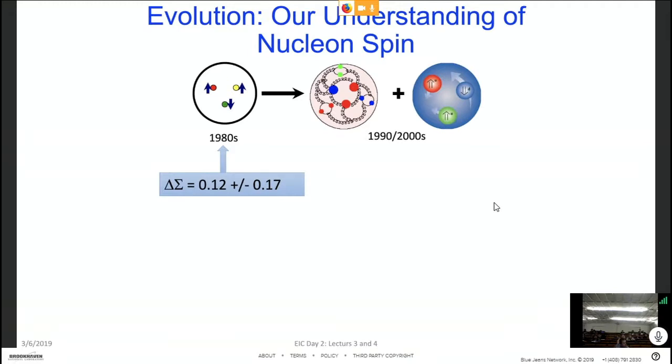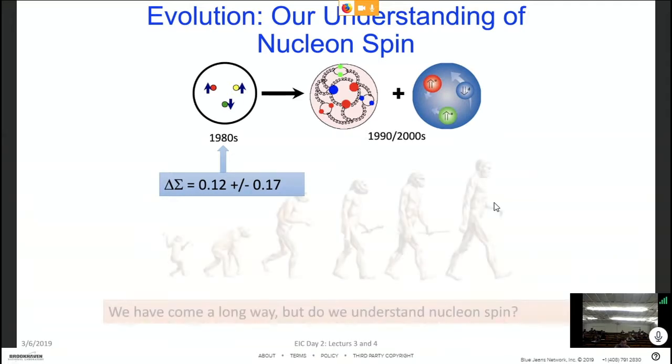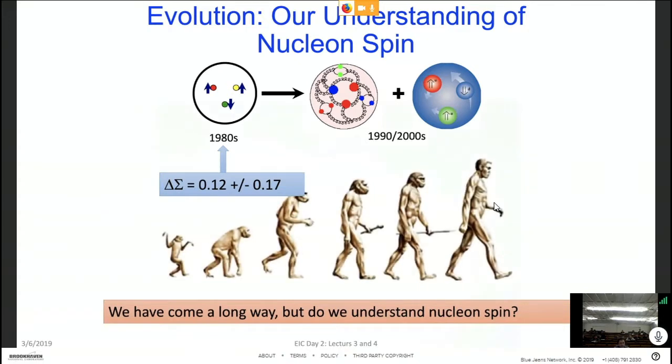So we have to acknowledge that the gluon spin has to be measured, and that the orbital angular momentum of the quarks and gluons may also be non-trivial and has to be measured. So we are learning about nucleon spin.